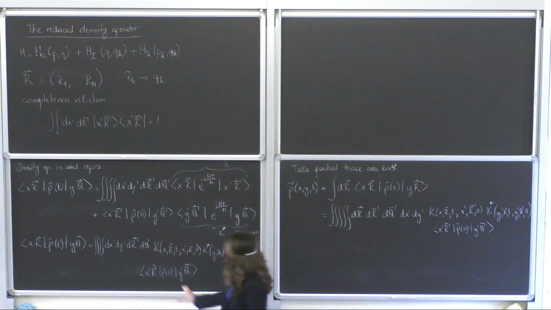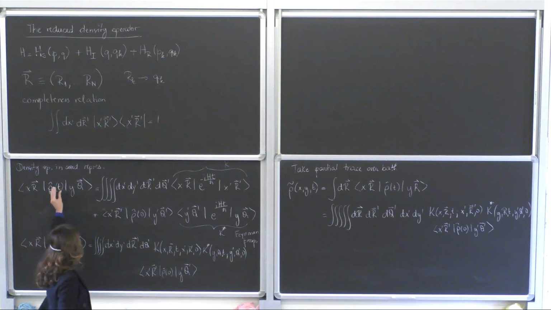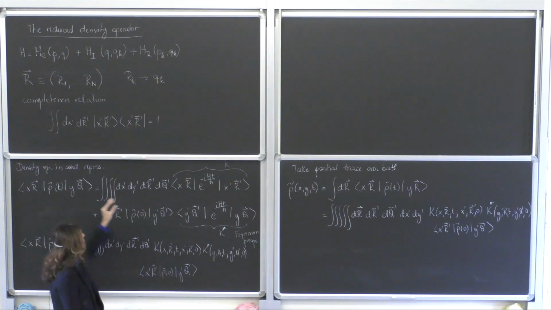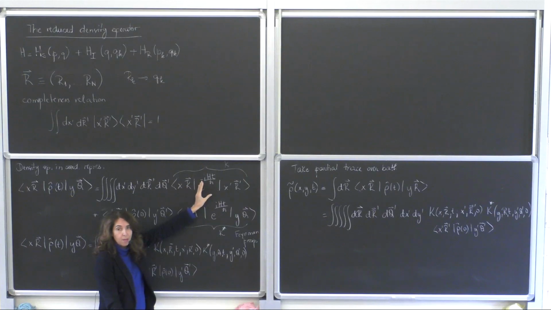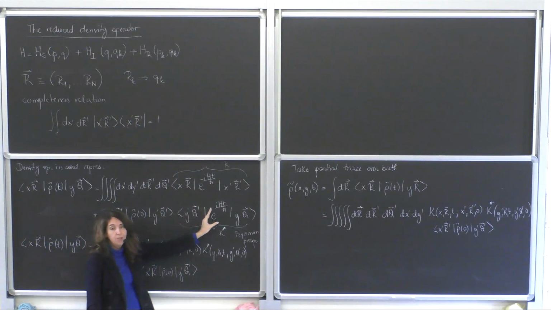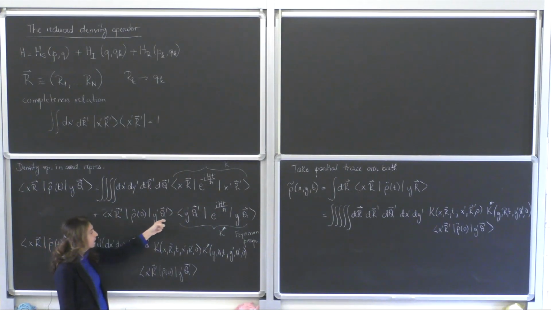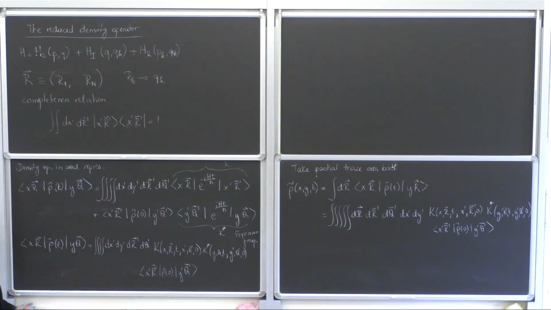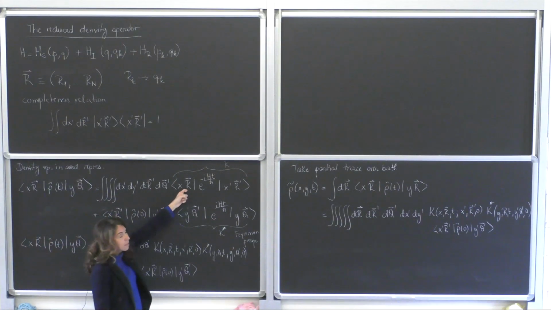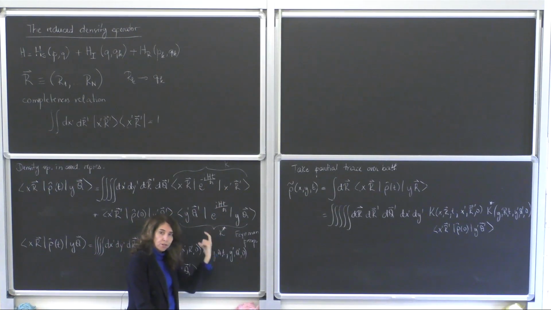I started from the density operator of system plus reservoir, rewrote this for the ones who have arrived late. I rewrote my rho of t as e to the minus i Hamiltonian t, rho 0, e to the i Hamiltonian t. I inserted completeness relations here and here. That's why I got these 4 integrals. And now I recognize this as a Feynman propagator from X prime R prime to XR. This is the inverse Feynman propagator.